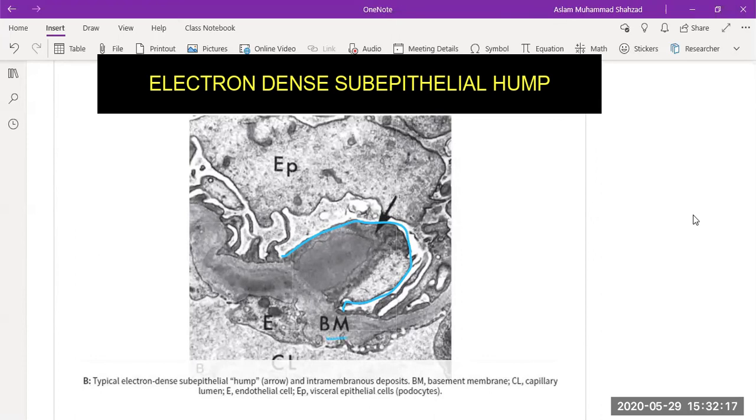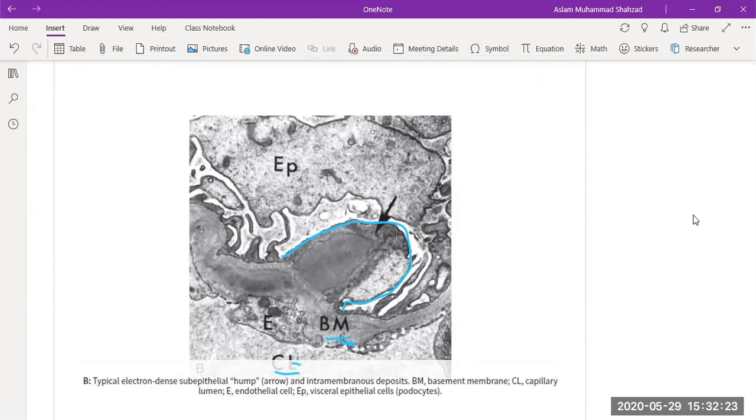BM stands for basement membrane, CL stands for capillary lumen, EP stands for epithelial cells, and E stands for endothelial cells. So the main thing is the presence of intramembranous deposition in the form of subepithelial humps.